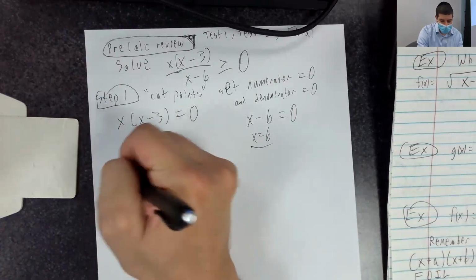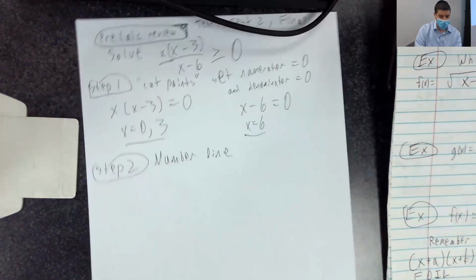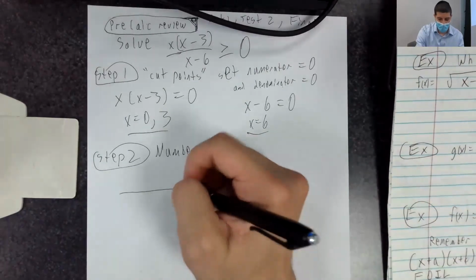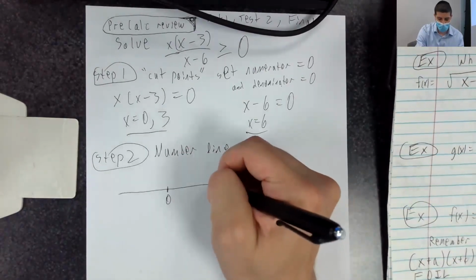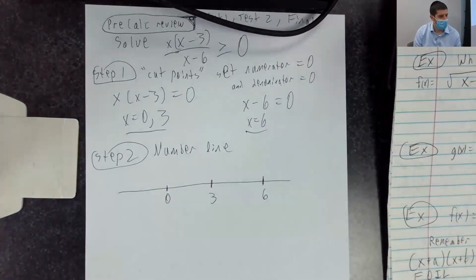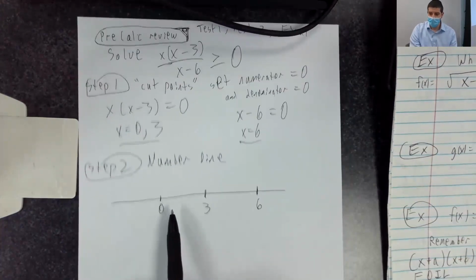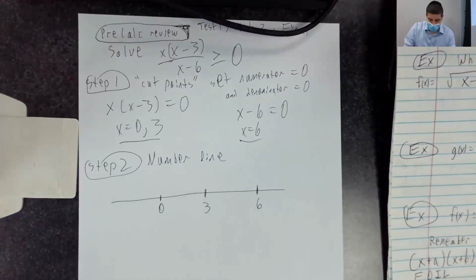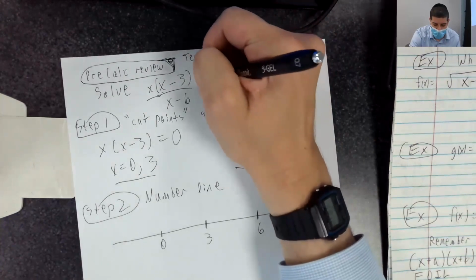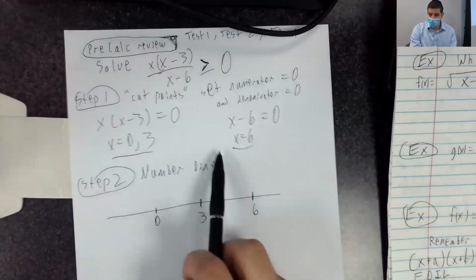Now, step 2 is you have to make a number line with the cut points. I'm going to put 0, 3, and 6. When you label these, it's going to help you label whether something is undefined.